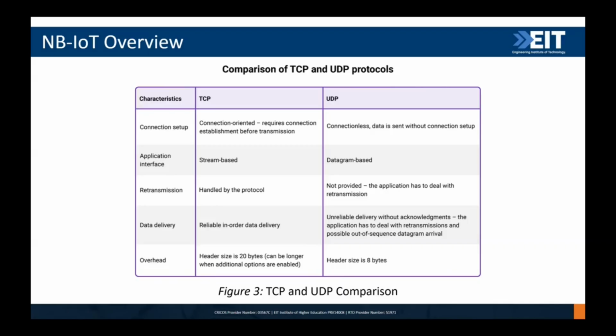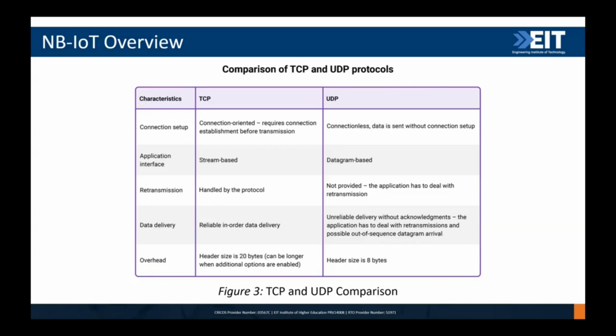So the application layer, if it doesn't receive the message or it's incorrect, has to deal with the retransmission. Data delivery: reliable in order data delivery for TCP. However, UDP is more unreliable, has no acknowledgement, so the application layer again has to deal with it.